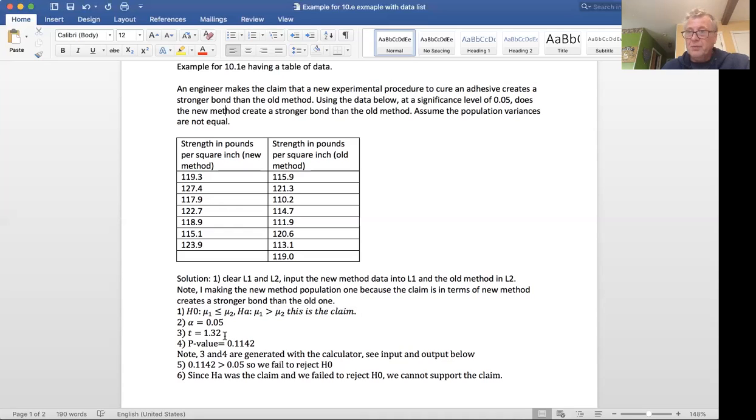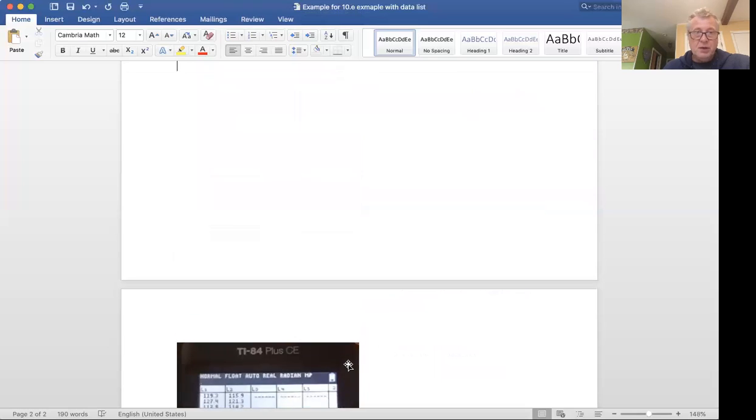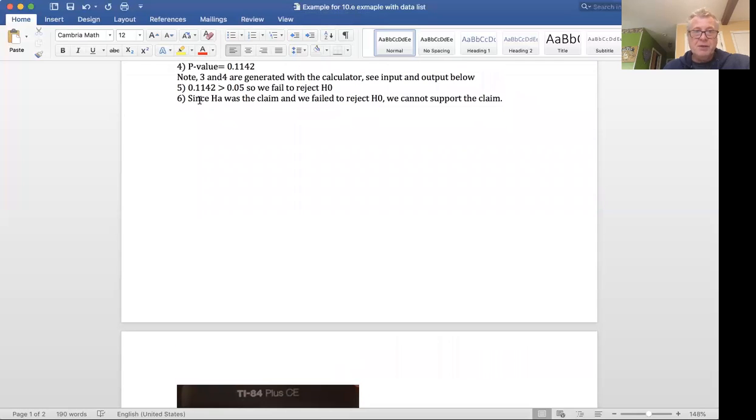From the calculator, we'll talk about how to input on the menu with respect to the test itself and the output. We get 1.32, and we get a p-value of 0.1142. Note 3 and 4 are generated with the calculator. See input and output below. Before we look at that, let's look at step 5 and 6.